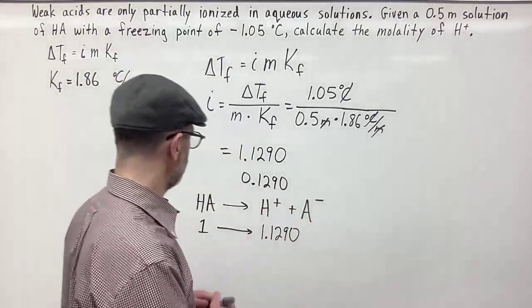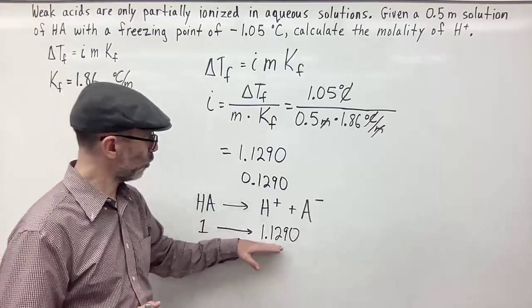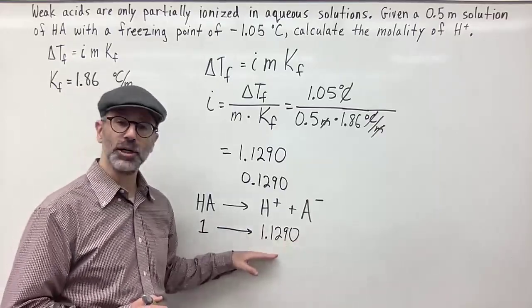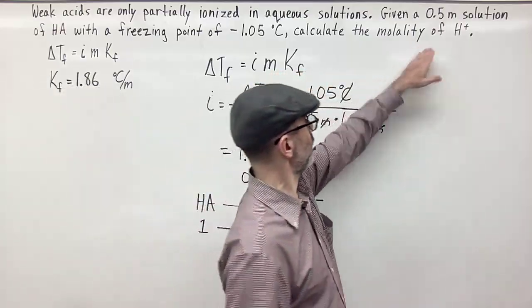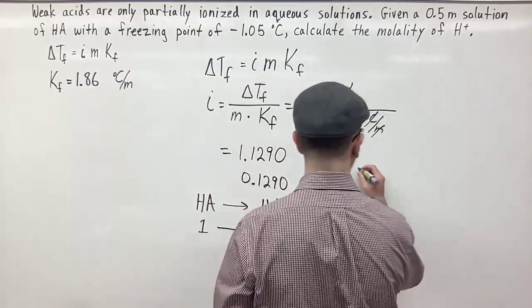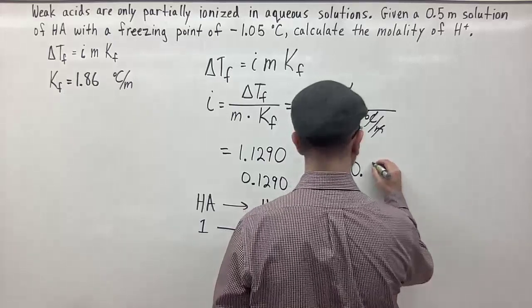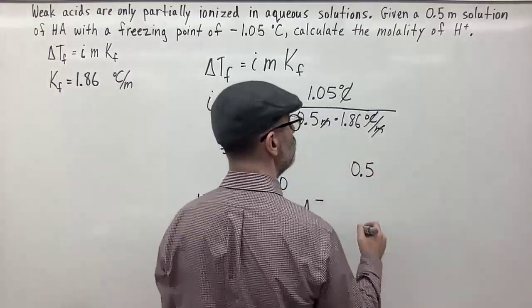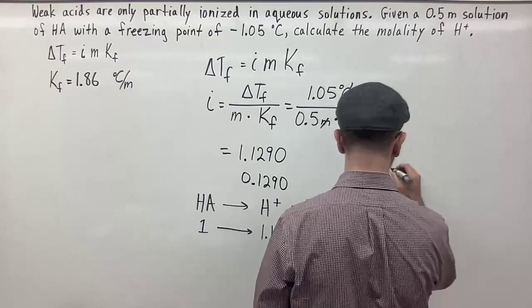So what we need to do is we take this 1.1290 factor and we multiply it by the given molality. And so when we do that, we get 0.5 molal.